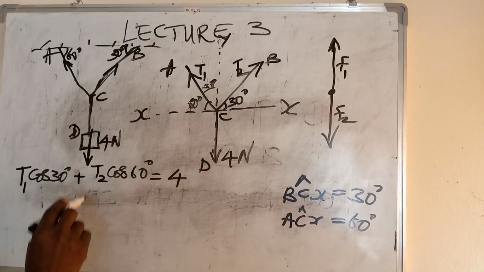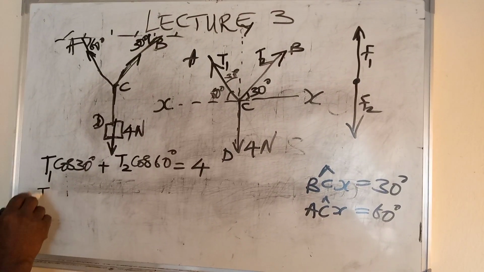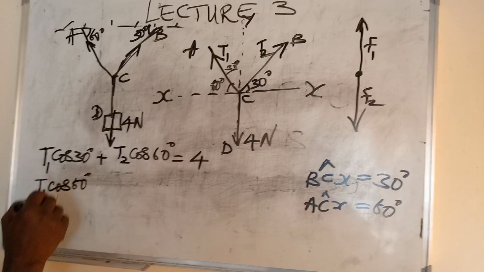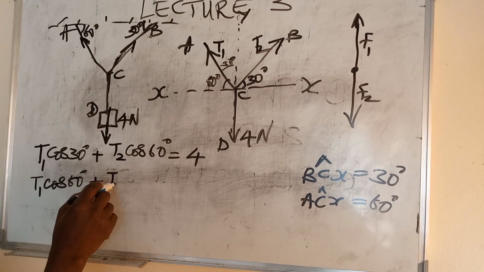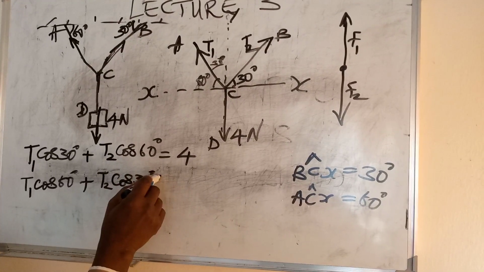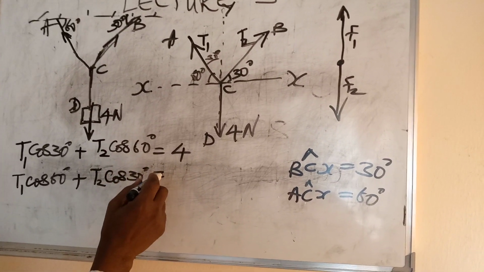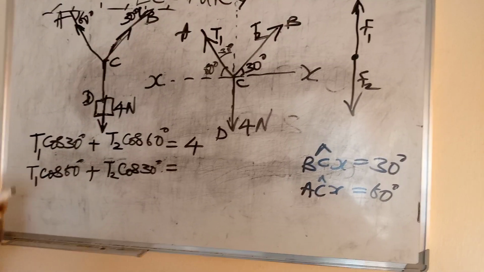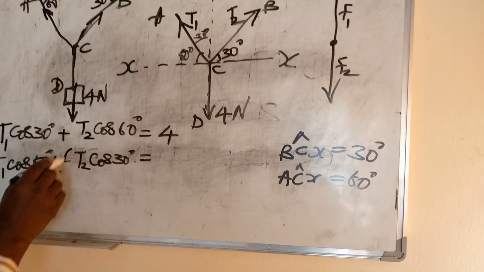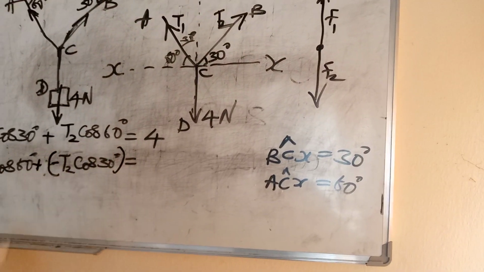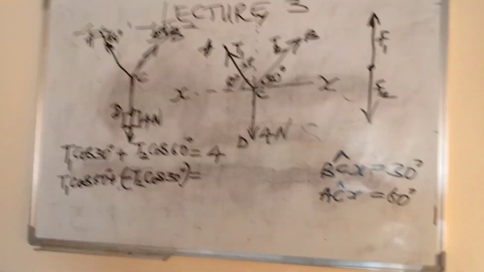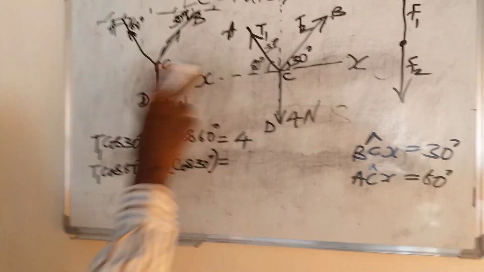Then horizontally, we have T1 cos 60 plus T2 cos 30 degrees is equal to... because T1 and T2 are not in the same direction, T2 will be minus, since we have assumed the direction of T1 to be positive.